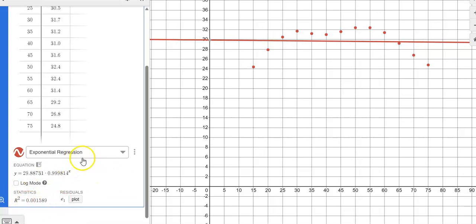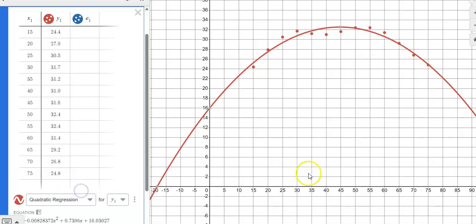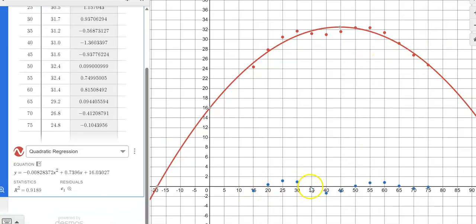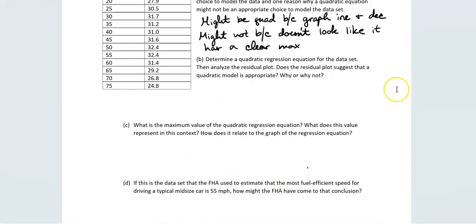So we've got this nice curve, but there's clearly going to be some discrepancies here. And then if we plot the residual, look, that looks kind of patterned, right? It looks like it's going up and then down and then up and then down pretty similarly. So the residual doesn't suggest that it should be quadratic.